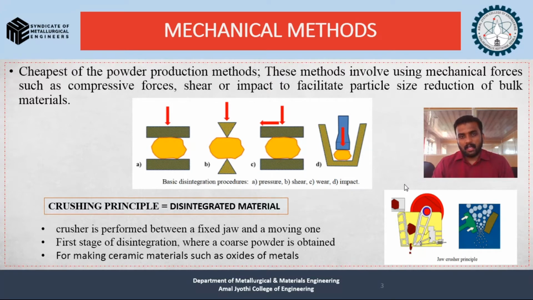Feeding a bulky material, we get finer grades of ore. This is the first stage of disintegration, where a coarser powder is obtained. Here it is clearly mentioned that it's a coarser powder, not a final product, because crushing is just an initial process, and normally this is used for making ceramic materials such as oxides of metals. That is the main application of crushing.